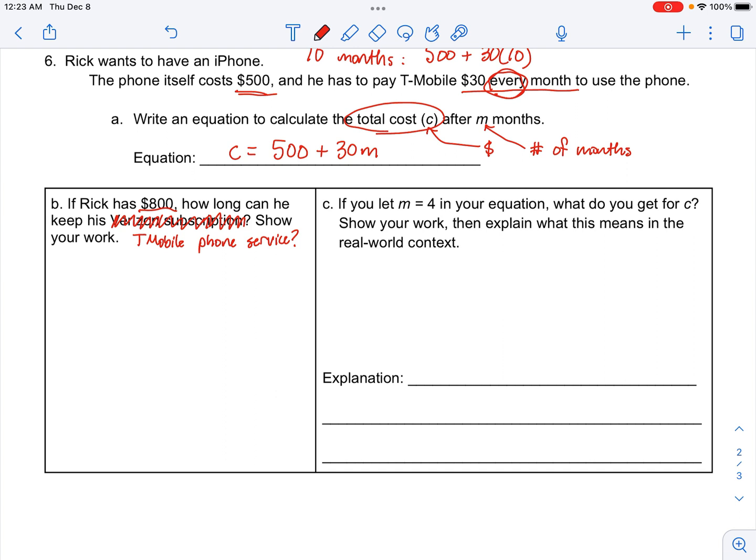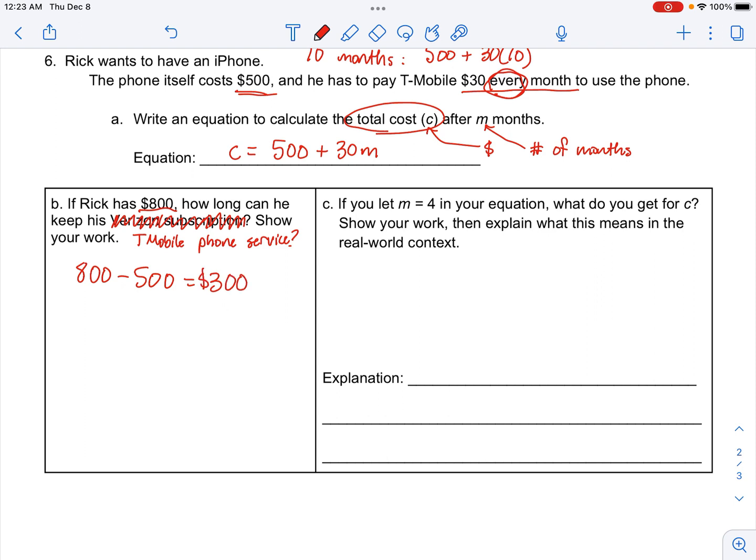Well, if he has $800, that means he can use all of those $800 on the phone. But remember, he still has to buy the phone for $500. So once he's paid the $500, let's think about how much money he would have left. He would have 800 minus 500, which is $300.